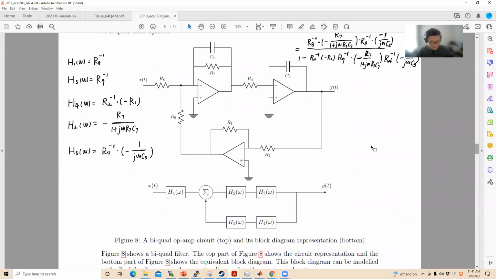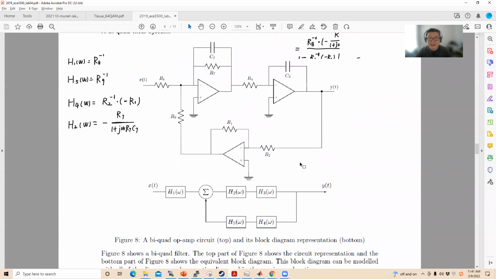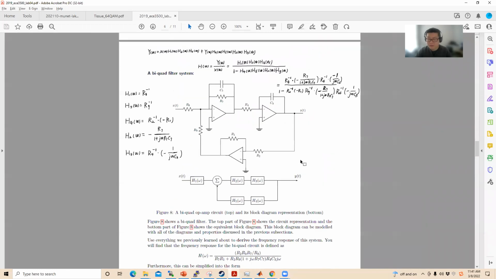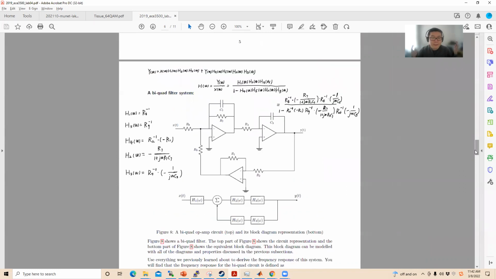So after learning all of the basic rules of systems, the summation system, the cascading system, the biquad filter system is the application of all these rules.